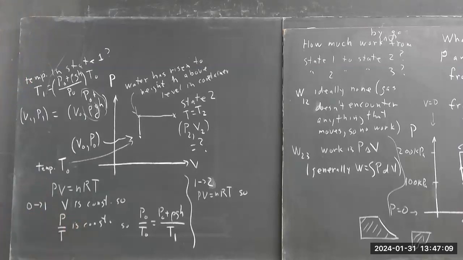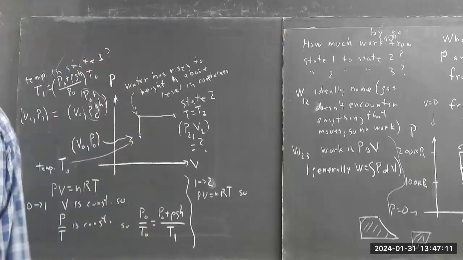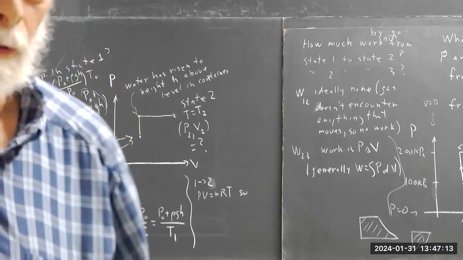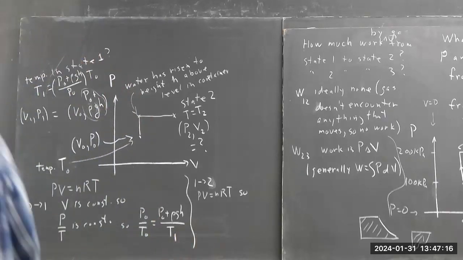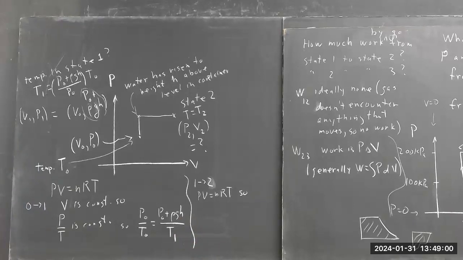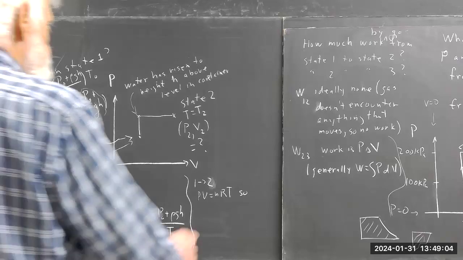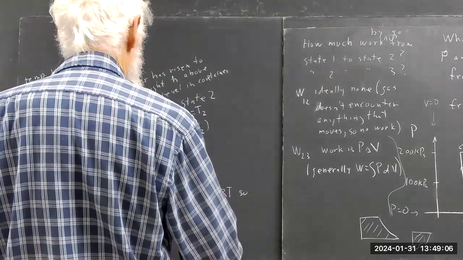What do we do over here? We said V is constant, and then we're on our way, right? What do we know from state one to state two? Let's do that. Okay, so dot, dot, dot.